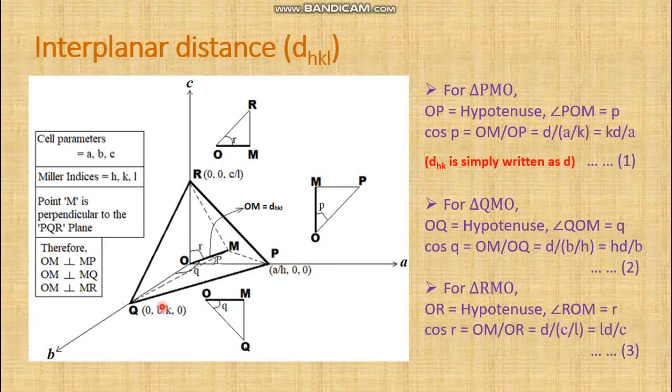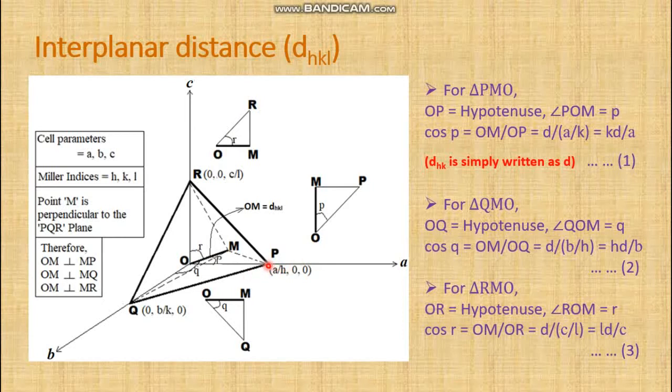Now let's see the coordinates of the points P, Q and R. The lattice plane which is intersecting the A axis at the point P is actually at a distance A by H along the A axis, okay.